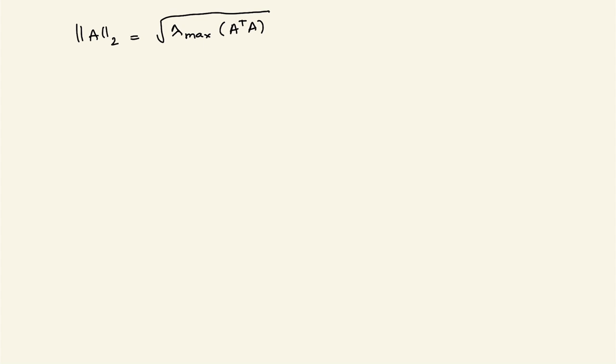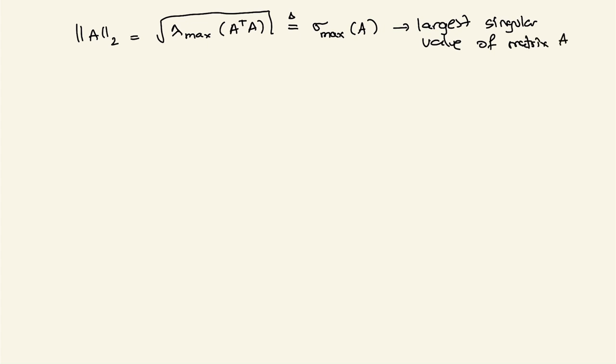This is also called sigma max of A. Basically, this is nothing but the largest singular value of matrix A. Something good to know, I just wanted to mention. Now I will continue with the norms.